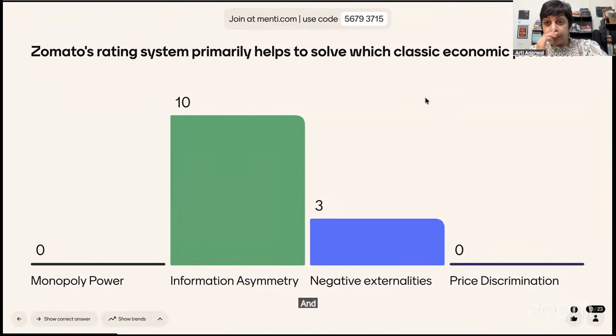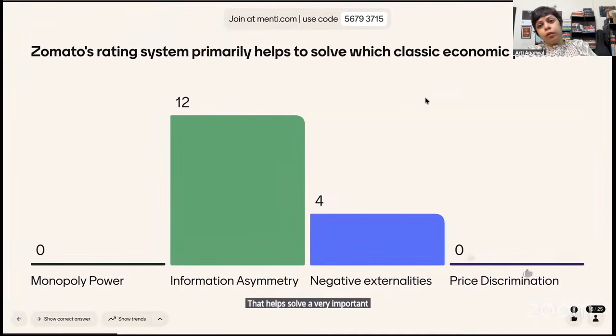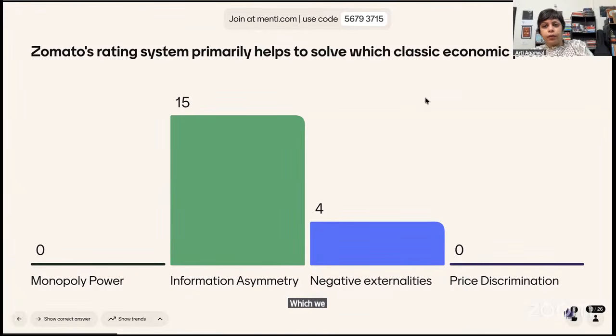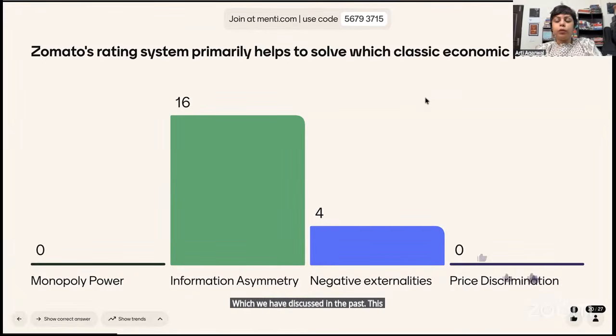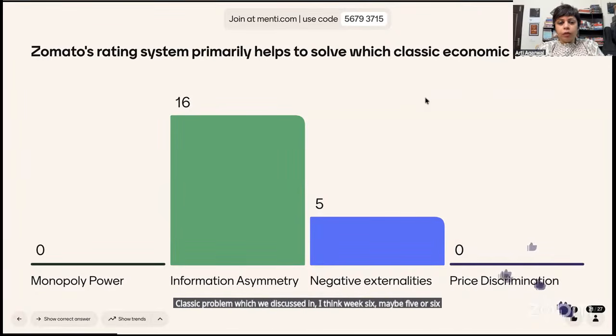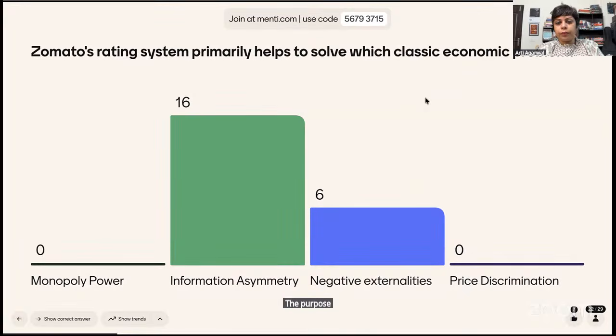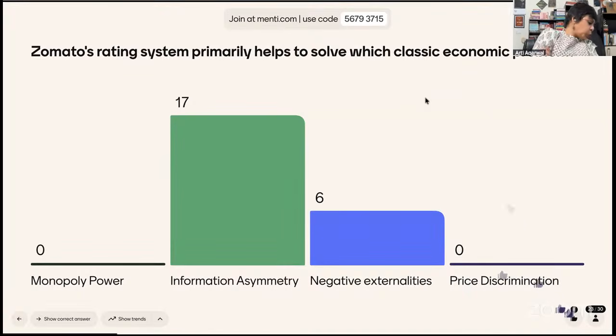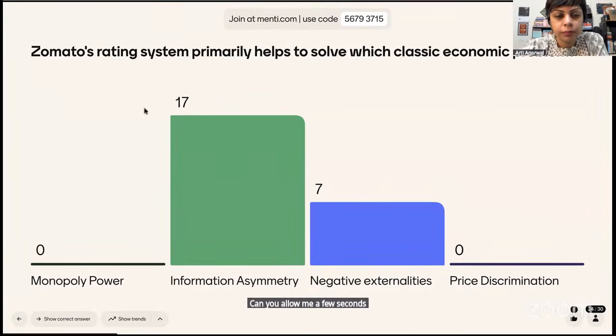And that helps solve a very important problem, which we have discussed in the past. This is related to a very classic problem, which we discussed in, I think, week 5 or 6. So, what do you think is the purpose of this rating system? I'm going to allow you a few seconds to answer.